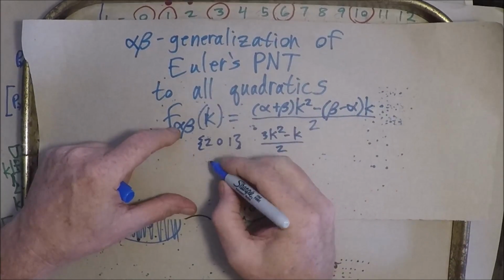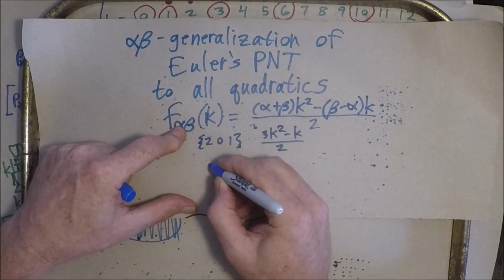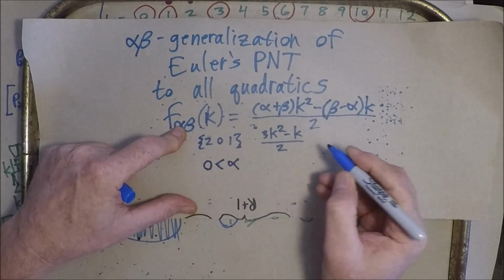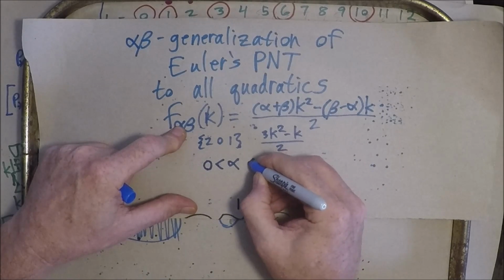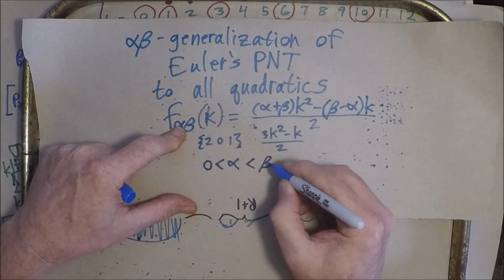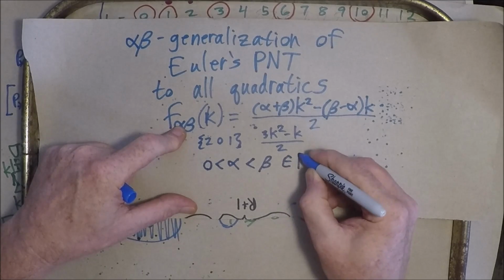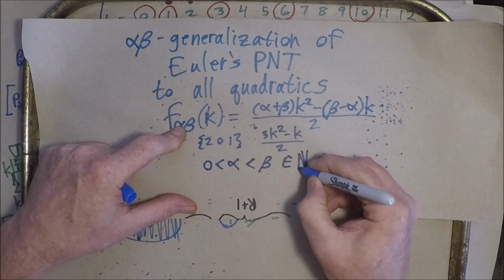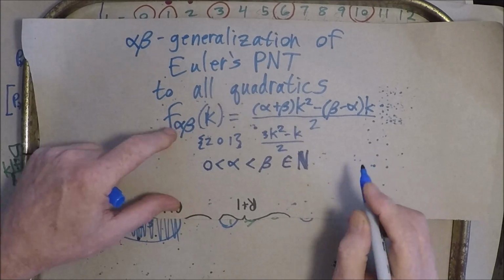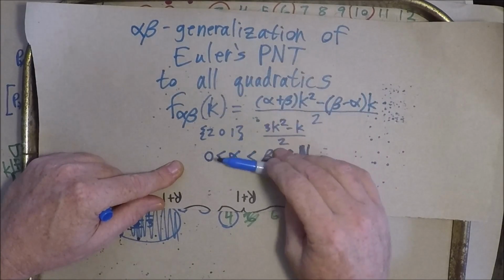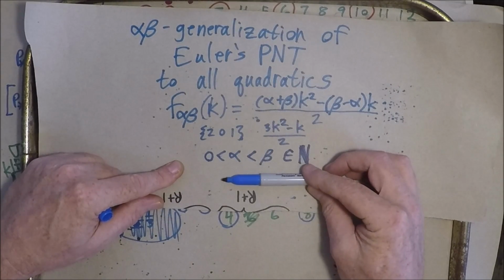Everything else where alpha is greater than 0 and beta is greater than alpha, and both of them are elements of the natural numbers, then that's what the generalization covers.